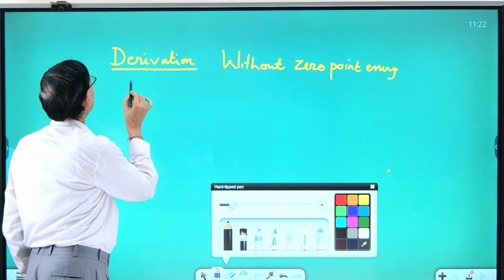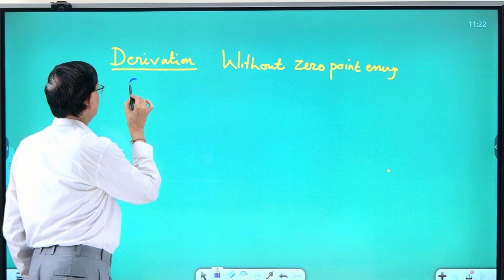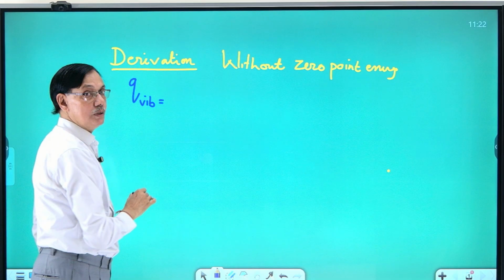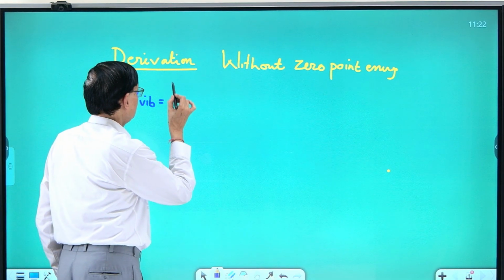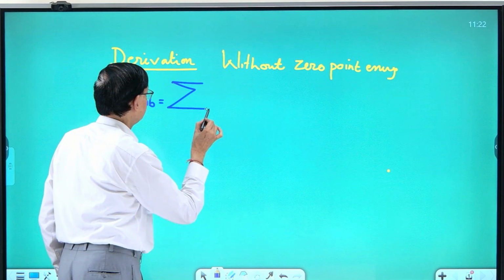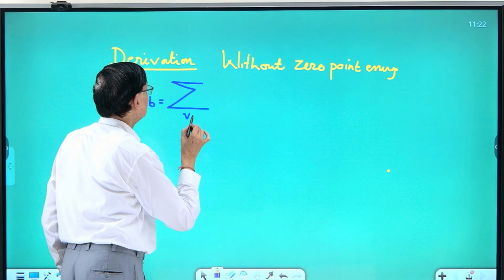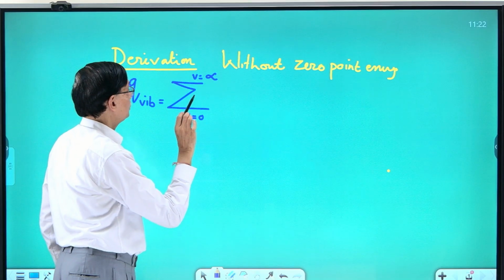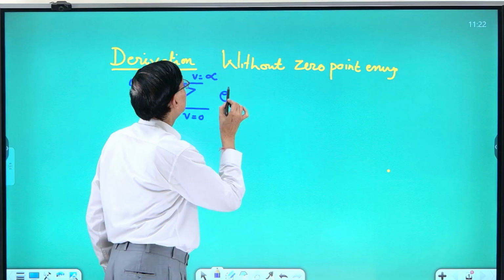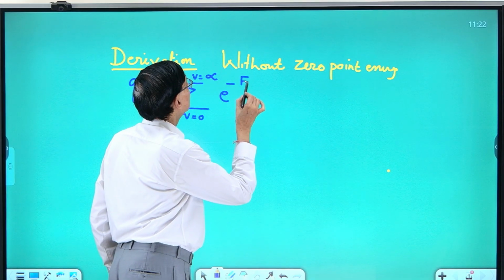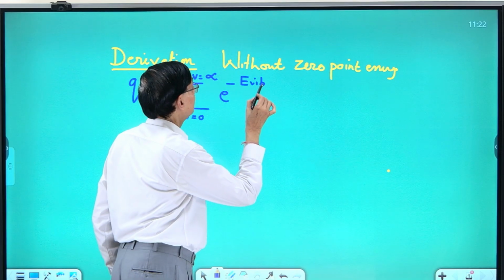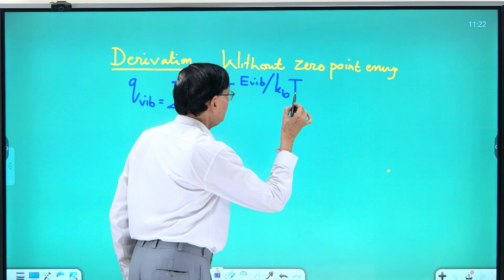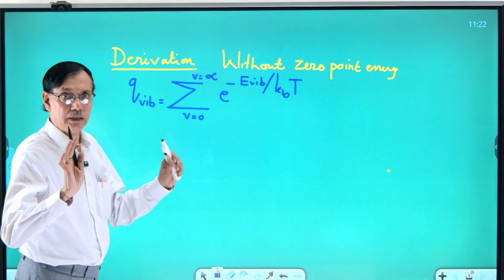So, our formula is that Q vibrational is equal to the summation from V equal to 0 to V equal to infinity, no question of G, exponential minus E vibrational divided by Kb, the Boltzmann constant, and T. Is it clear?